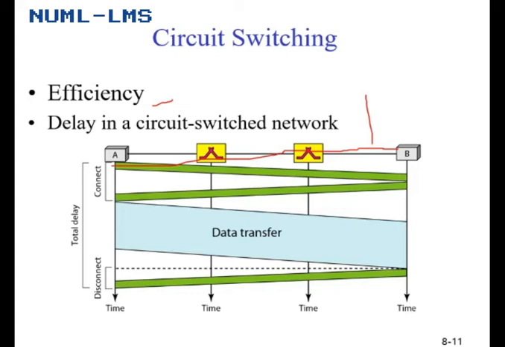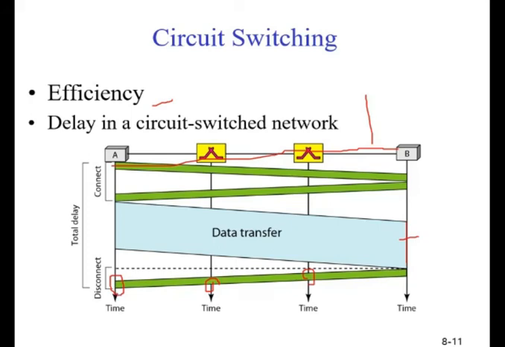The figure shows the idea of delay in circuit switch networks when only two switches are involved. So this is called the setup phase. This is the acknowledgement from B. Then once the connection has been confirmed, data is transferred. Once the data has been transferred, whether it is a phone call or two computer systems on a network, we send a disconnection request, and all the resources are disconnected in between the switches as well as the end stations.